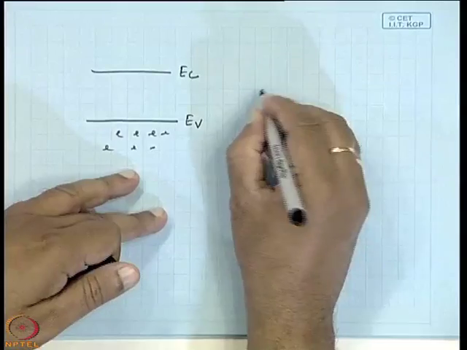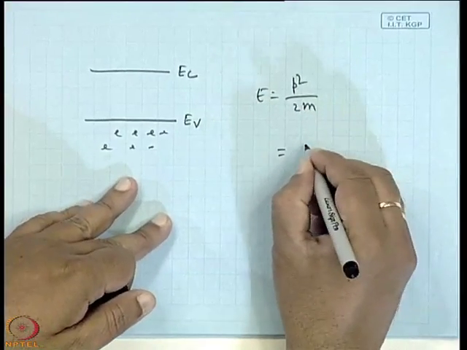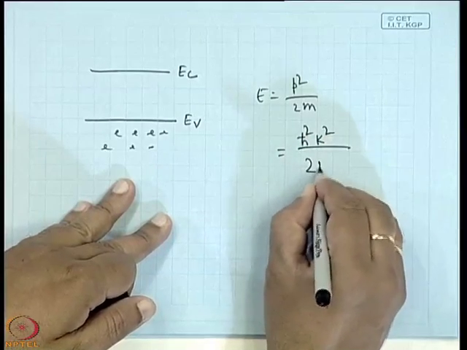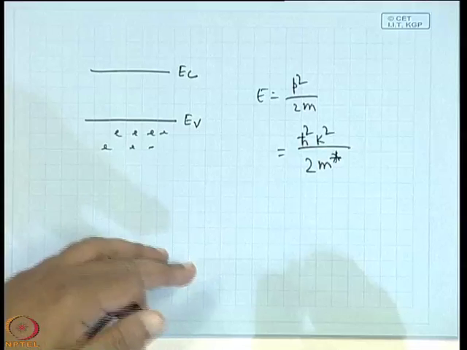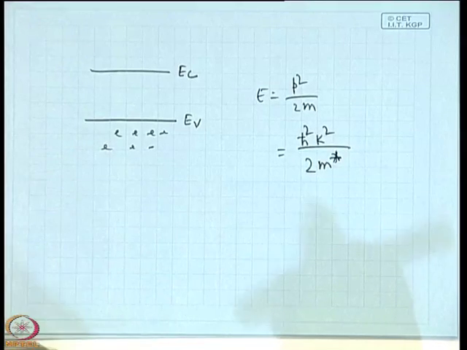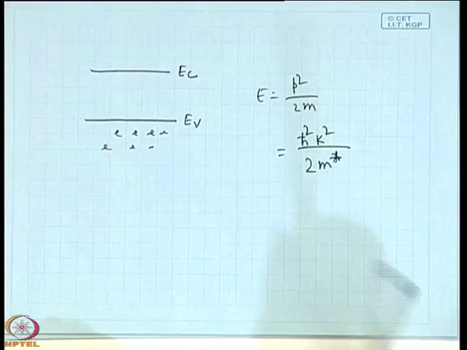It is parabolic in nature: E equals h bar square k square by twice m star, like E equals p square by 2 m, and what is p? h bar k. We have m star in our case because we have discussed the effective mass: because of the curvature in the bands, we do not use the normal rest mass, we use the effective mass, right.